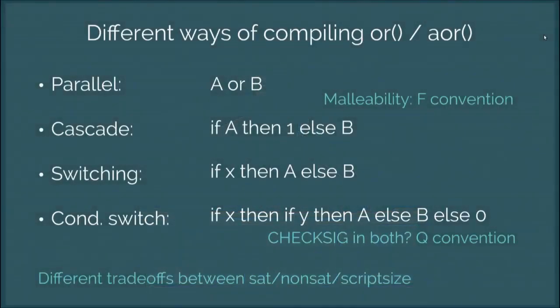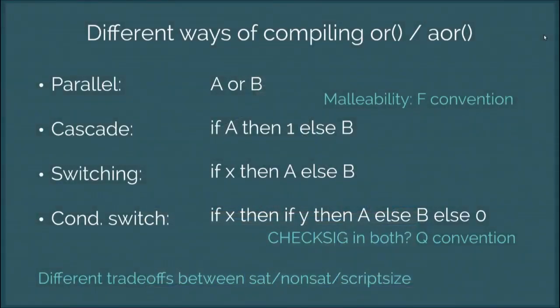Remember that I told you the policy language does not describe the actual encoding of the witnesses. So what you put on the stack we can decide later. And it turns out there's a whole bunch of ways in which you can write an OR. The one I showed you before is the parallel OR.